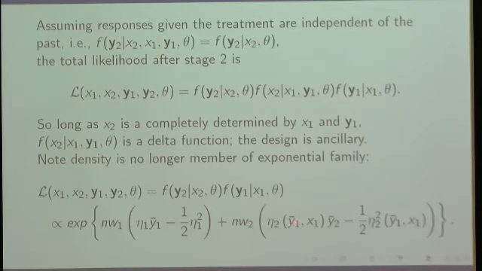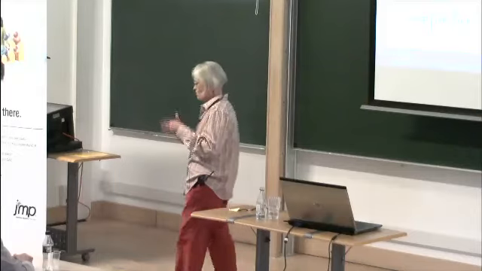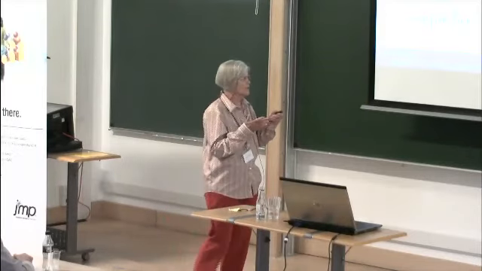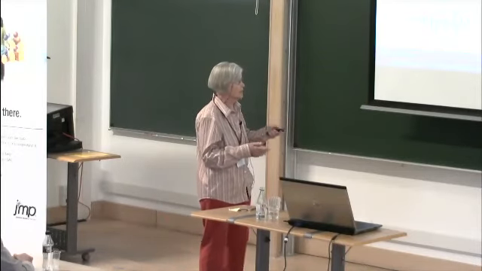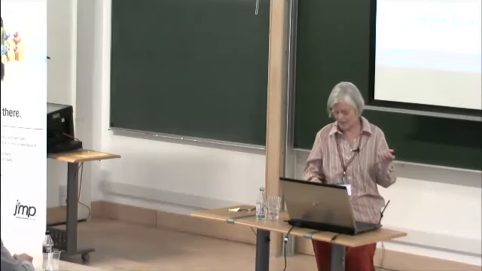And as soon as y bar 1 goes to a constant, you're back with a function of the parameters times a function of the data. So if you have a very large stage 1 sample size, then you don't have to worry about what the consequences of not having an exponential family might be. But if you have a very small stage 1 sample size, you do.